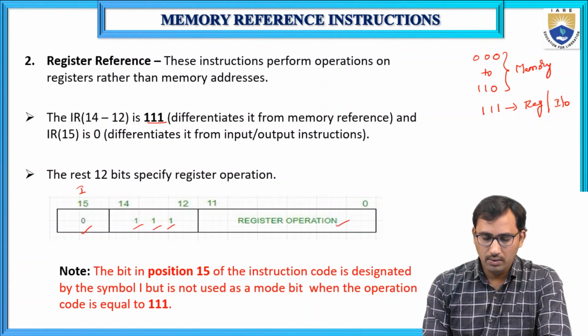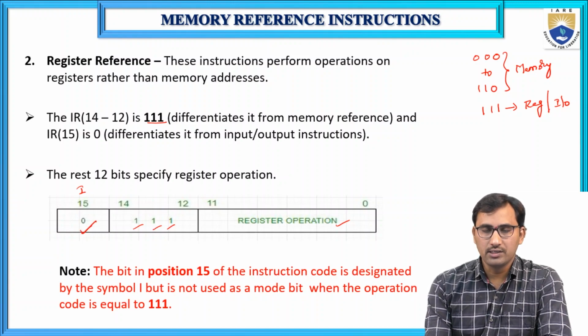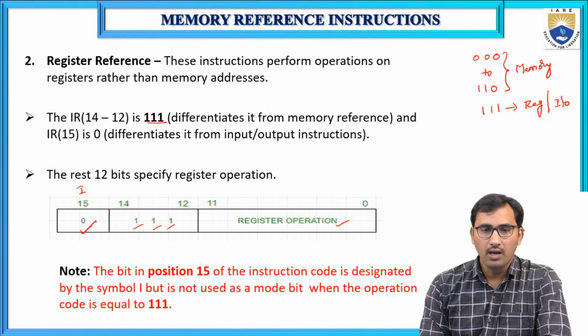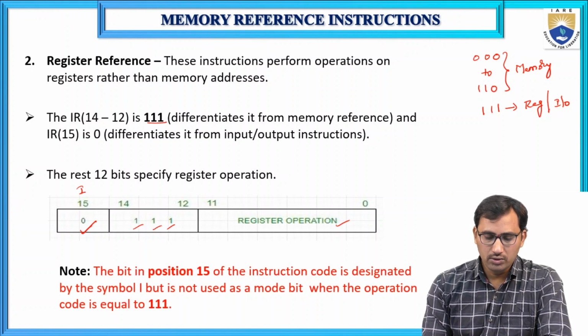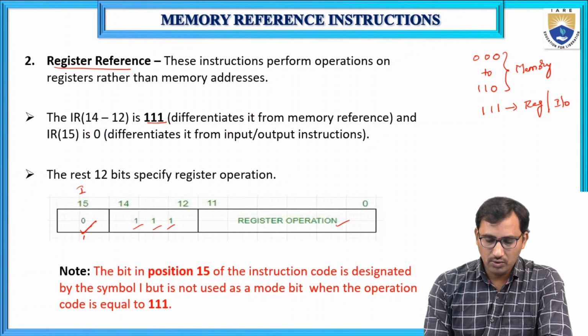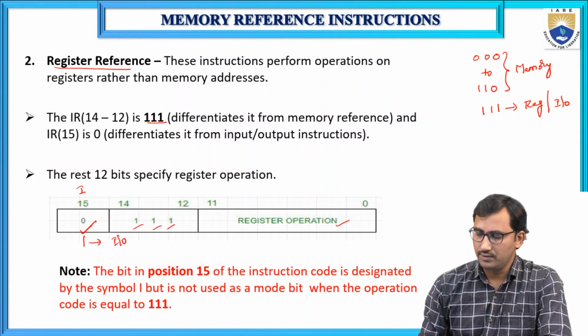Based on the 15th bit, we can differentiate the register reference instruction from the IO reference instruction. If the 15th bit is 0, it is a register reference instruction, and if the 15th bit is 1, it is an IO reference instruction.